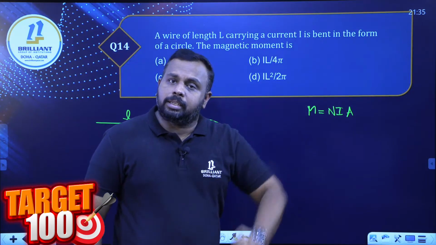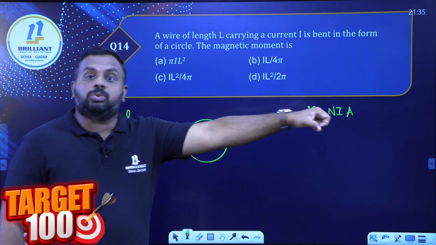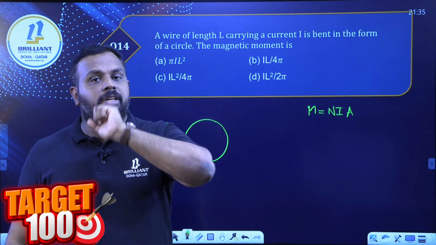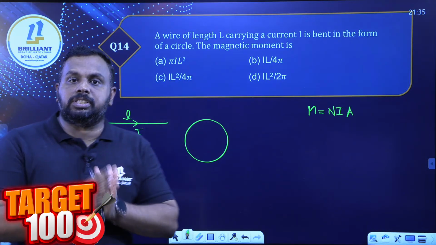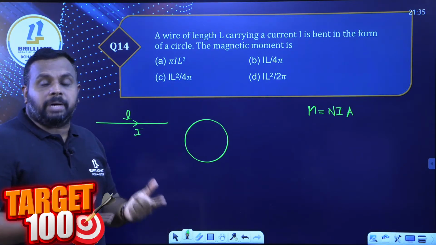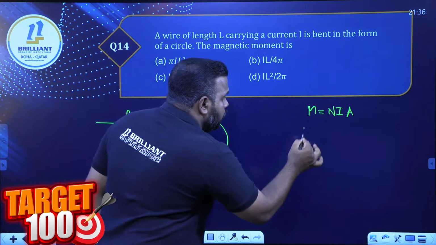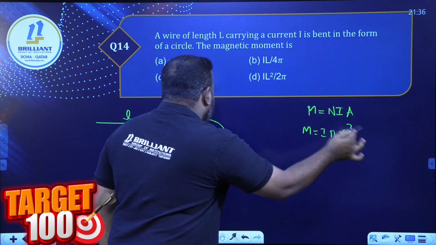I is the current, given in this question. A is the area of the loop, which in this case is the area of the circle. Area is pi r square, so we can substitute. So M is equal to 1 into I into pi into r square, where r is the radius.